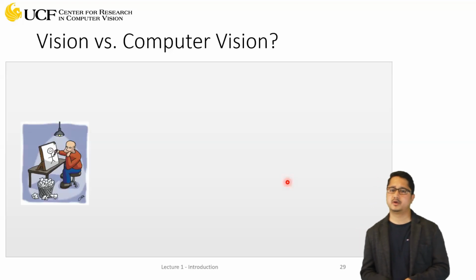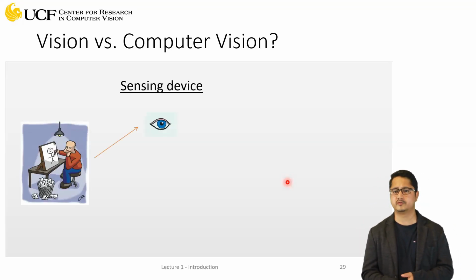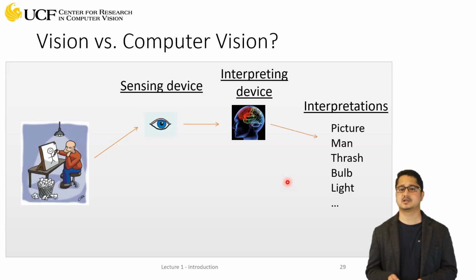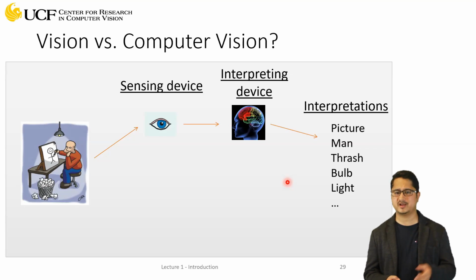Now, let's try to compare computer vision with human vision. In human vision, we have the eye as a sensing device, and then we have our brain, which performs all the interpretation. For example, in this particular image, our brain can easily tell us what different objects are present. It can tell, okay, a person is painting, so a man is present, there's a trash can, there's a light bulb.